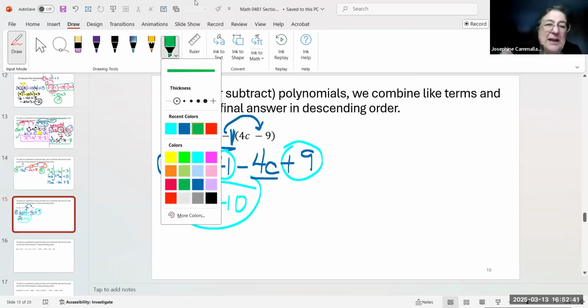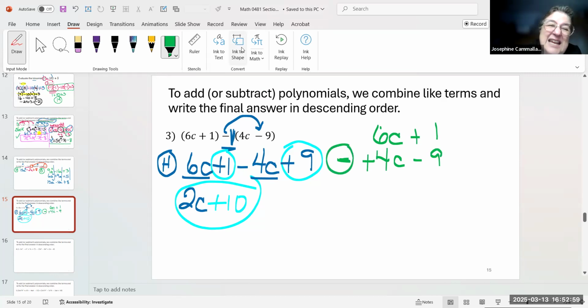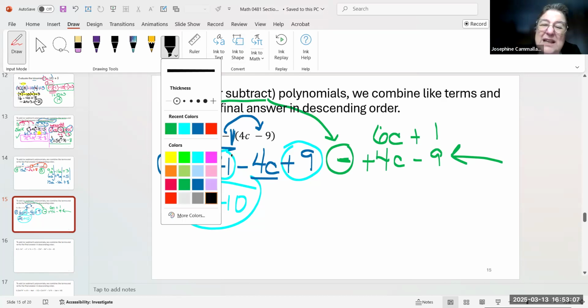Now, I want to show you something because Alex likes to do this. They put that negative and then they put 4c minus 9. This sign right here on the second row means I have to know to distribute.